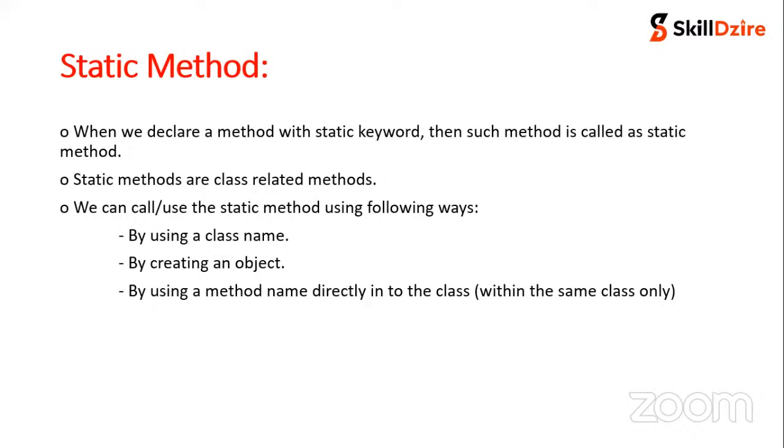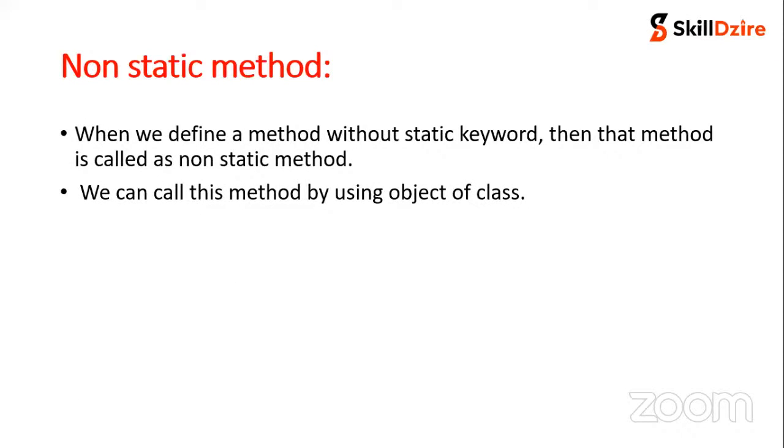And the third way to call this method is by using the method name directly. If you want to call the static method in the same class where you have written it, you can call it directly. Means you can directly use the method name, with no need to write the class name or create an object.